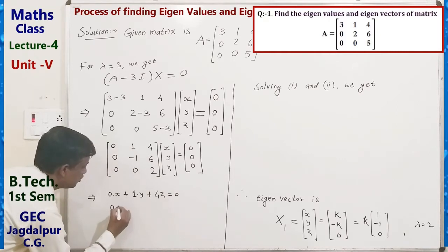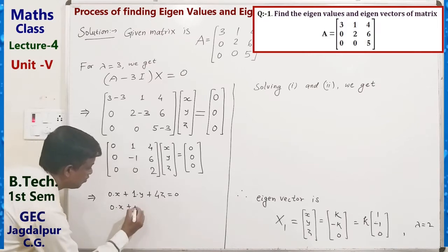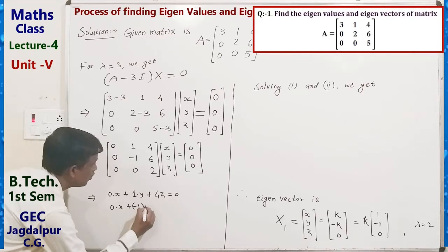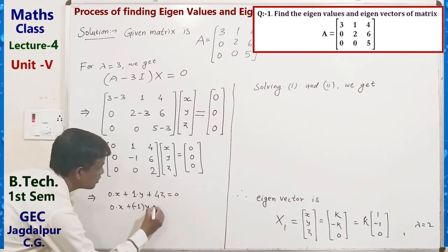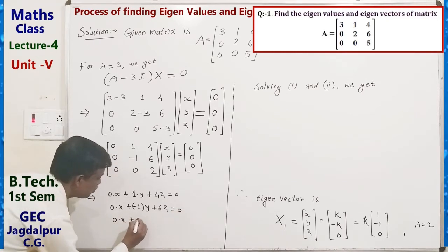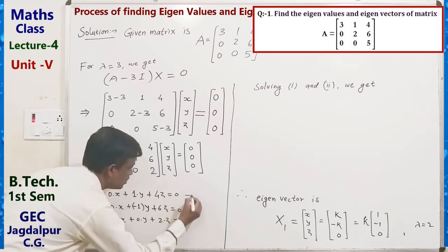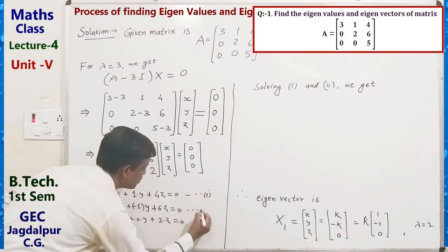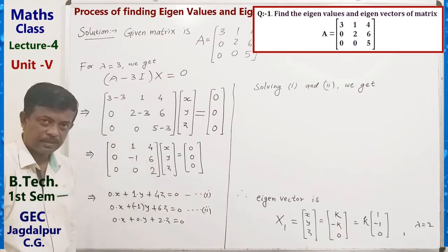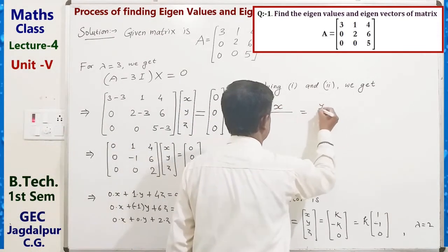Second, 0 into x plus minus 1 into y plus 6z equals 0. And last, 0 into x plus 0 into y plus 2 into z equals 0. So this is equation 1, this is equation 2. Just take the first two equations and solve them by using the cross multiplication method.